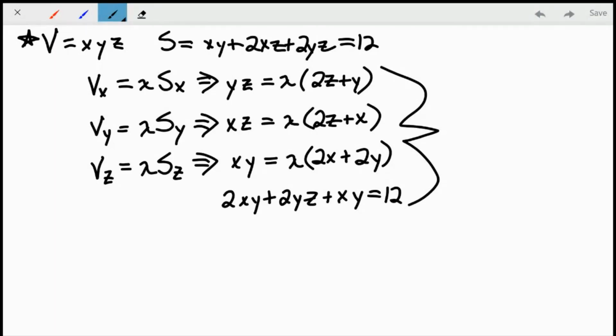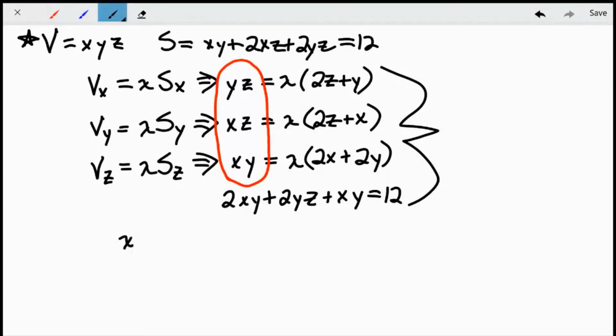Notice the left side of these equations. I can make all of those into xyz if I do this the right way. I can make the first equation xyz if I multiply everything by x. I can make the second equation xyz if I multiply everything by y. Third equation xyz if I multiply everything by z. So that's what I'm going to do here.